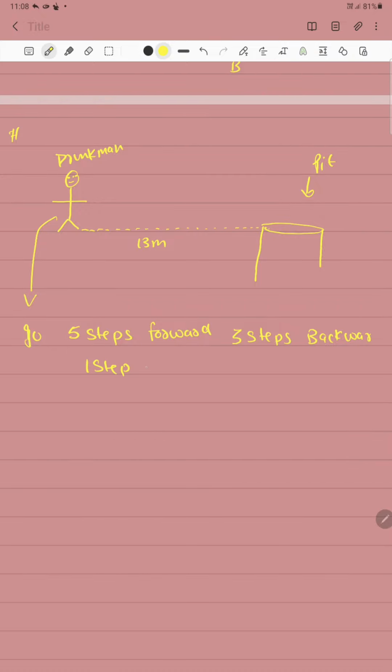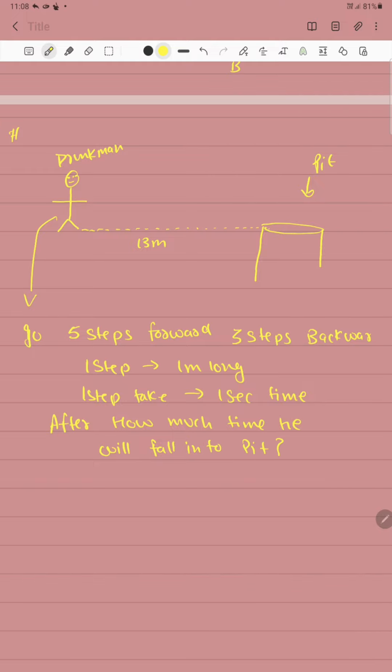If one step is 1 meter long and one step takes 1 second, okay, my question is, after how much time will he fall into the pit? After how much time will he fall into the pit, right?